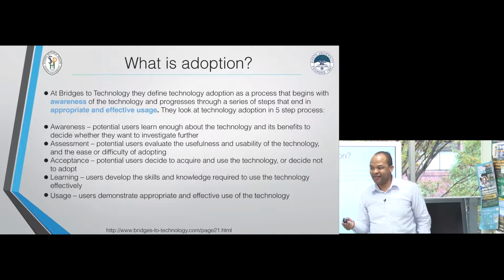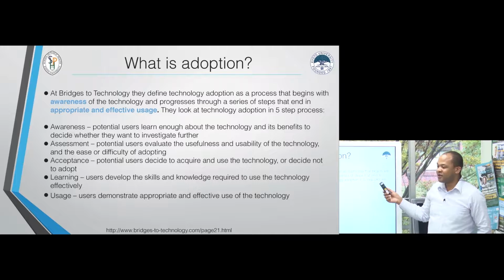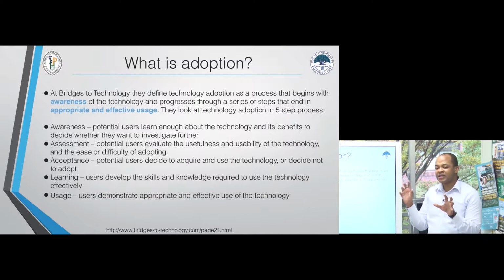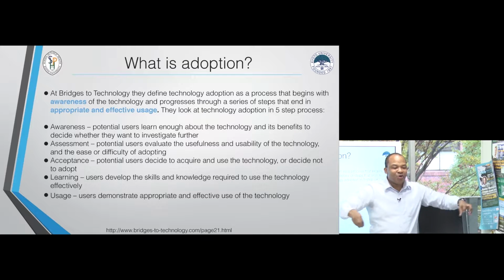I like this definition. They outline 5 steps of this process. So in serious games, I think a similar definition can be applied. First, the person has to know about the game. So, awareness. But between knowing and using the game appropriately and effectively is a long way.